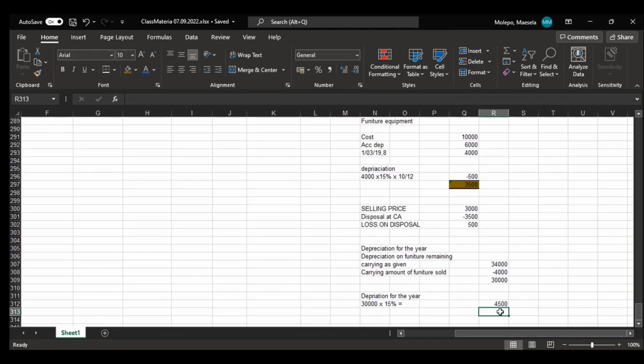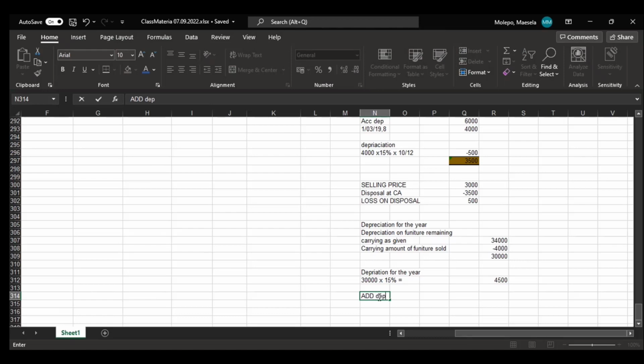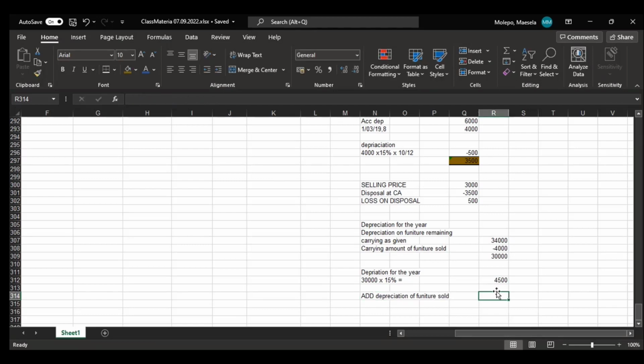So the 4,500 you're going to add with depreciation of the furniture sold, which is 500.